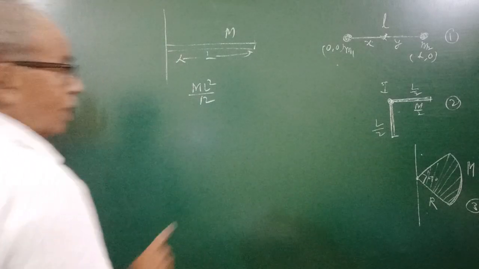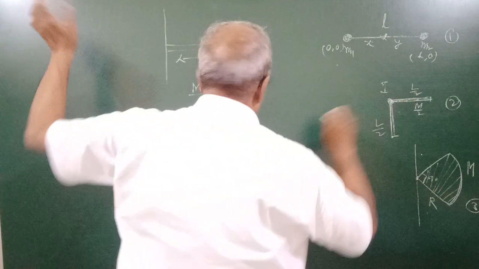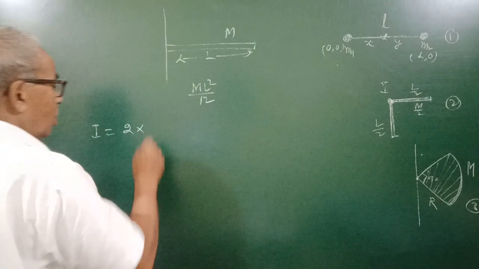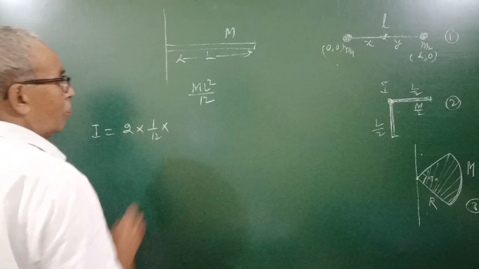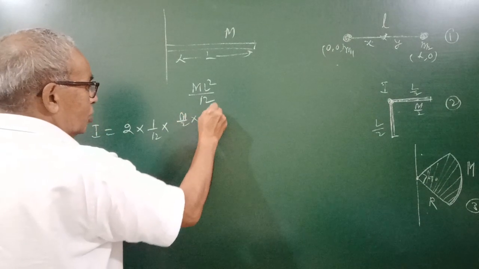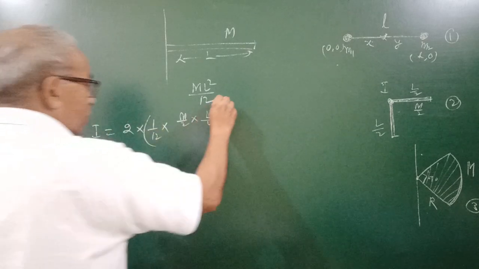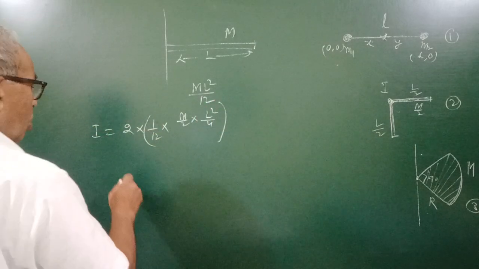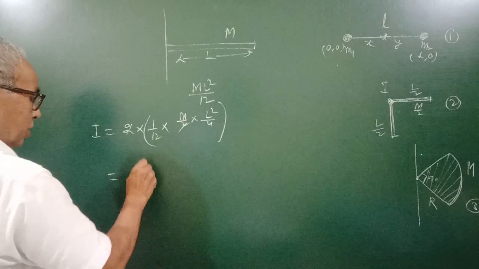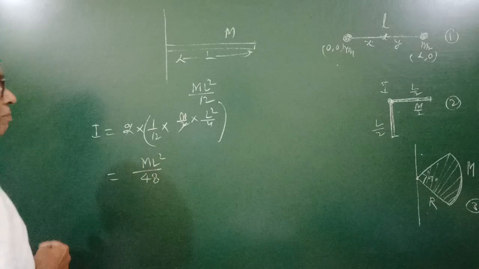So the moment of inertia of the system will be I equals I1 plus I2, that is, twice of 1 by 12 of m by 2 into l square by 4. How much is left? These two cancel. It is ml square upon 48.